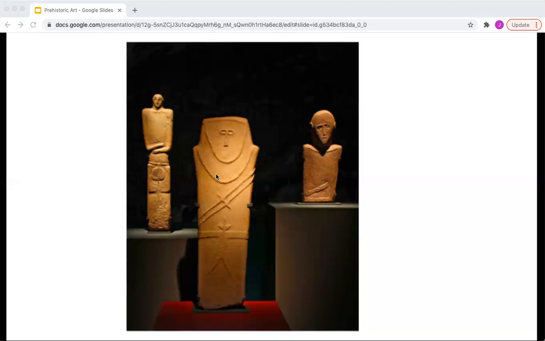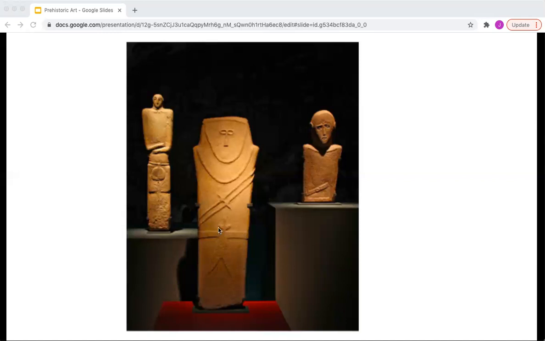We also have 2 cords that are going diagonally across the torso of the figure with what's known as an awl, AWL, which is a small pointed tool attached at the waist here. Just below that, we have a double-bladed dagger that is hanging from a wide belt at the waist.